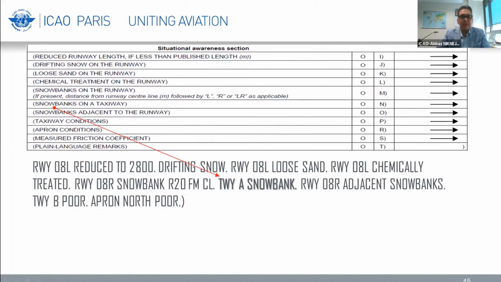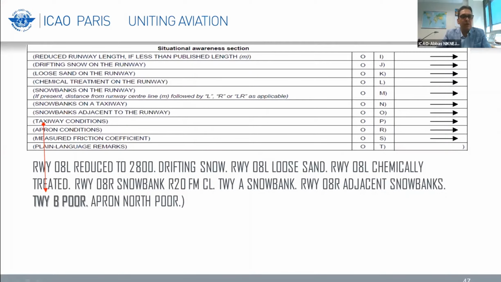If a snowbank exists on a taxiway, you will put the taxiway designator and the word snowbank. Also, if a snowbank exists outside of the runway, adjacent to the runway, then you will put the runway designator and the words adjacent snowbanks.